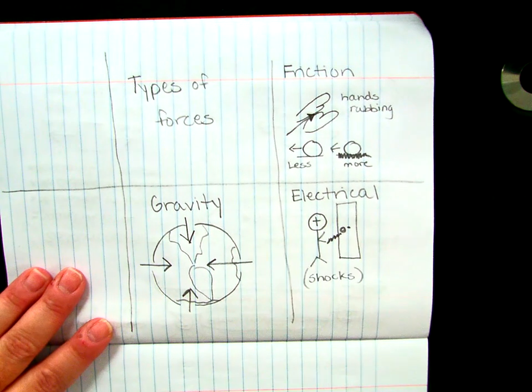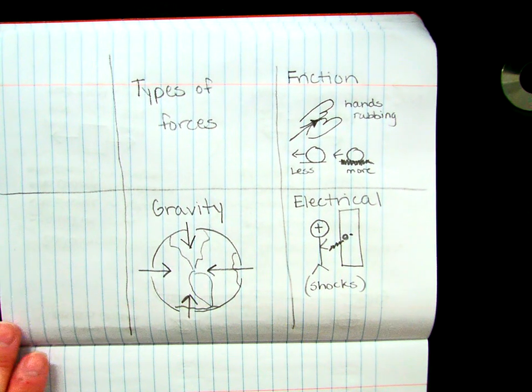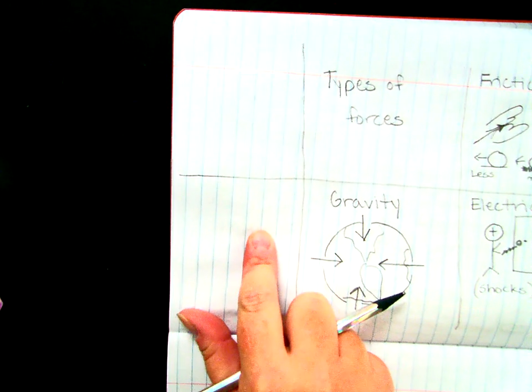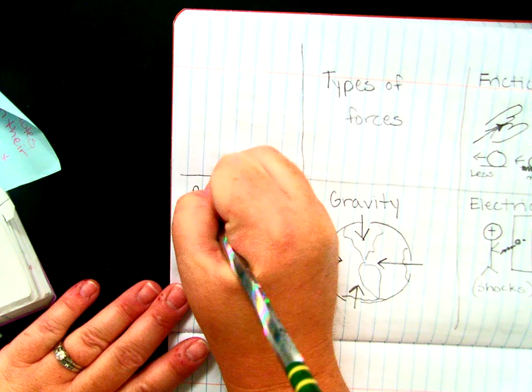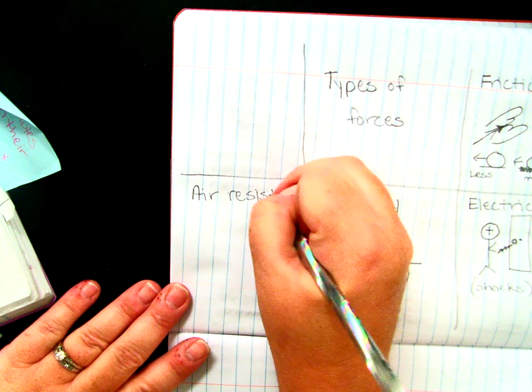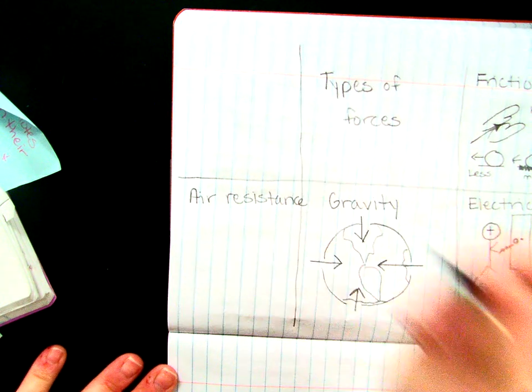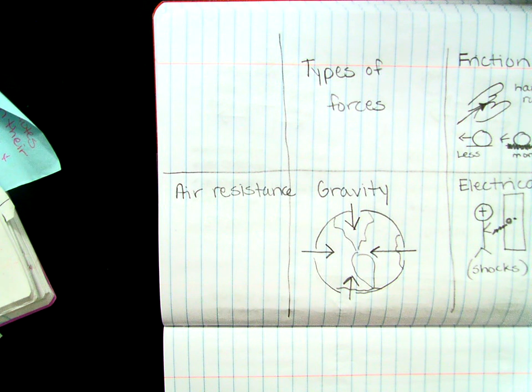Let's go to the bottom one here, and let's go ahead and do air resistance. Now, when I think of air resistance, I think of the size of things or the shape of things. So let's talk about a feather. We're going to draw a little feather here.